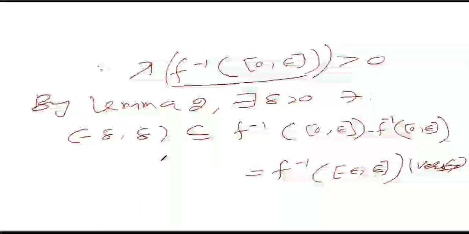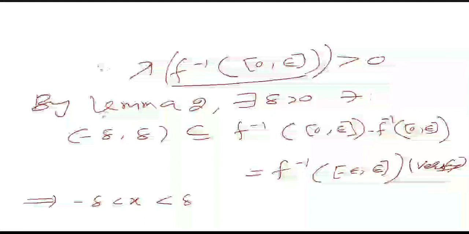So this one is a subset of this, which implies that this x lies between minus delta and delta.